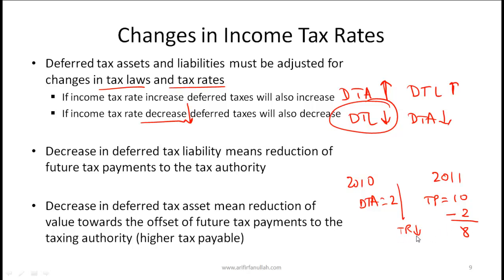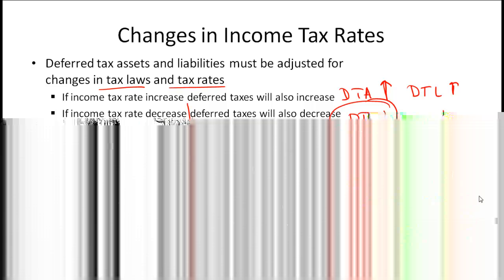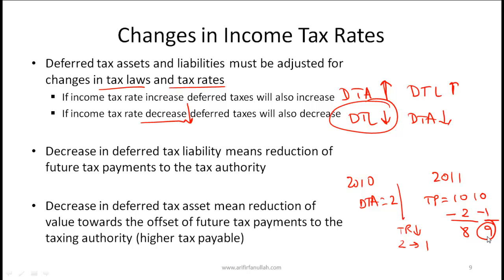When the tax rate goes down, the deferred tax asset will also go down. Let's say it goes down from 2 to 1. Then your tax bill will be 10 minus 1, which is 9. So if the deferred tax asset goes down, your tax bill in the future will actually go up. Essentially that means that the tax rate going down is not very good news if you are sitting on a net deferred tax asset.